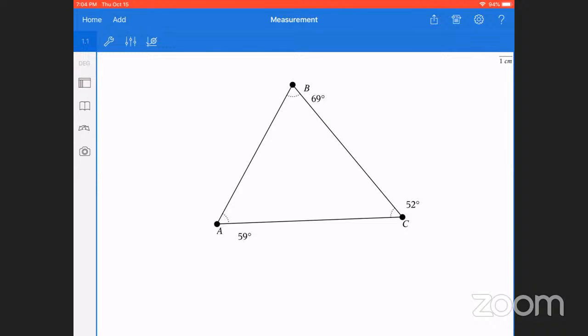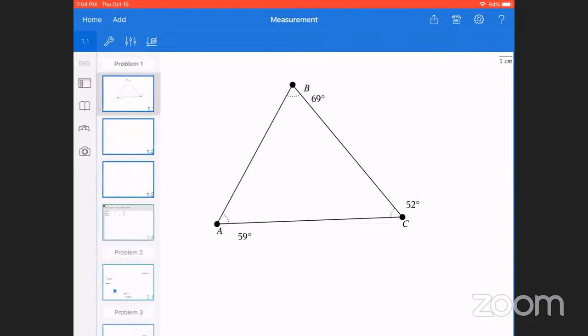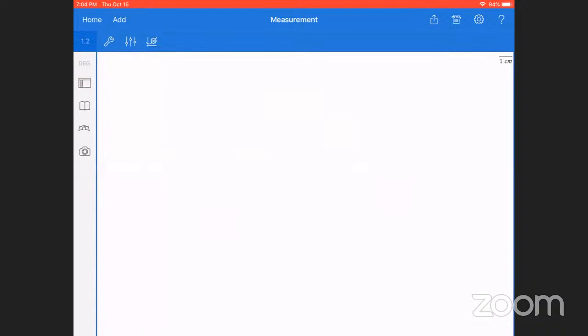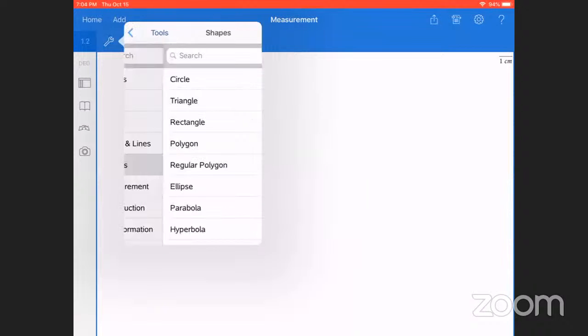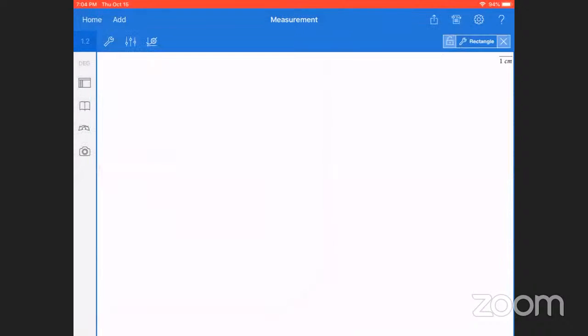I would like to try another shape, so I'm going to go to my second geometry page, and this time I want to make a rectangle. To do that, I'm going to click on the wrench, shapes, rectangle. And Johnny, how many points or how many vertices in a rectangle? 4.